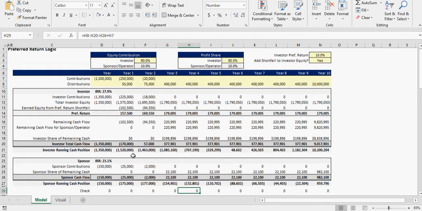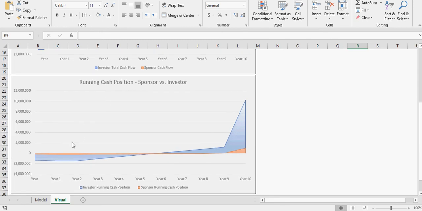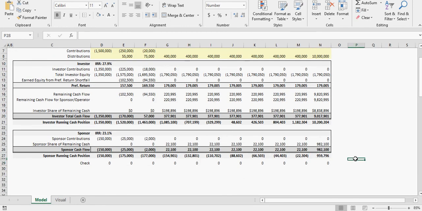So there's your check. I added 2 visuals. One is a cash flow for sponsor and investor per year, and then the other is the running cash position for the sponsor and investor. And this is not stacked. This is saying, the investor gets up to 10 million, sponsors at whatever that is. It's like 900,000, I think. 959.